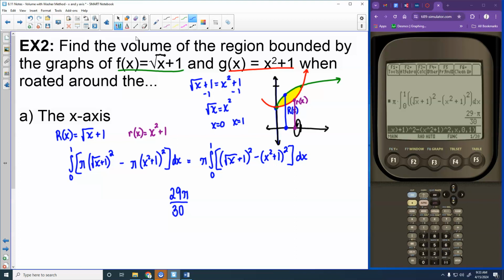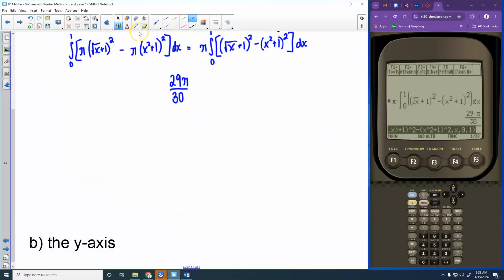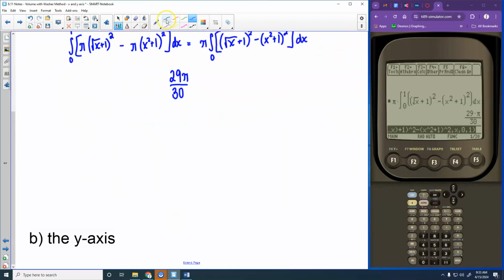Okay. Alright, now we gotta rotate around the y-axis on this one also. So I'm gonna recopy this graph down here so we have a fresh graph to look at. And I'm gonna use the same colors I used up here.